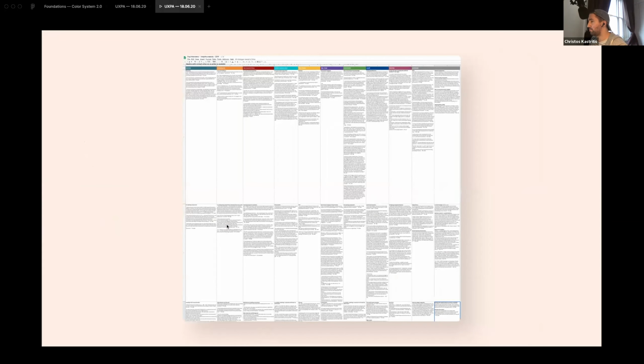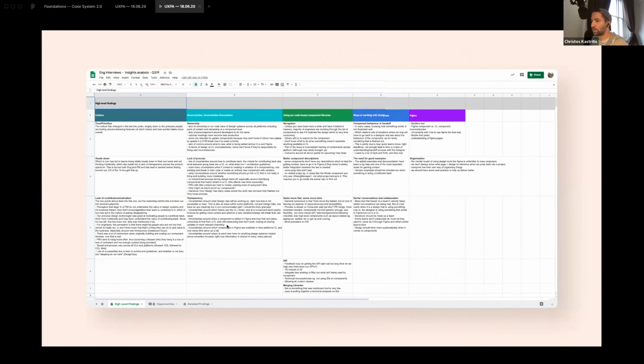I think this was maybe a quarter of what I had initially pulled in, and slowly start to group them, right? We're starting to get some really detailed findings, and then group them again. This time we're getting closer to a set of high-level findings with themes within each one.